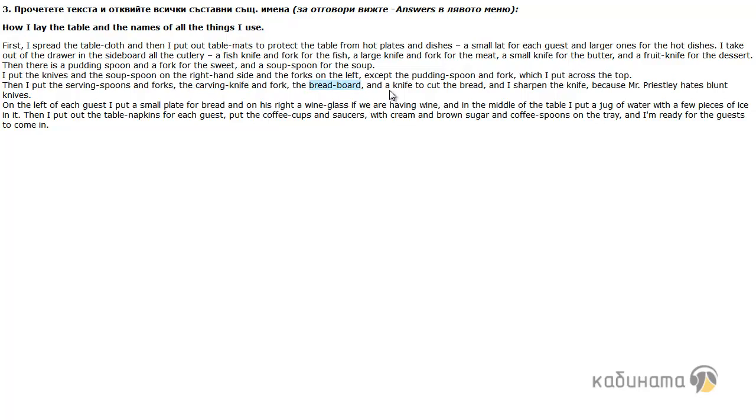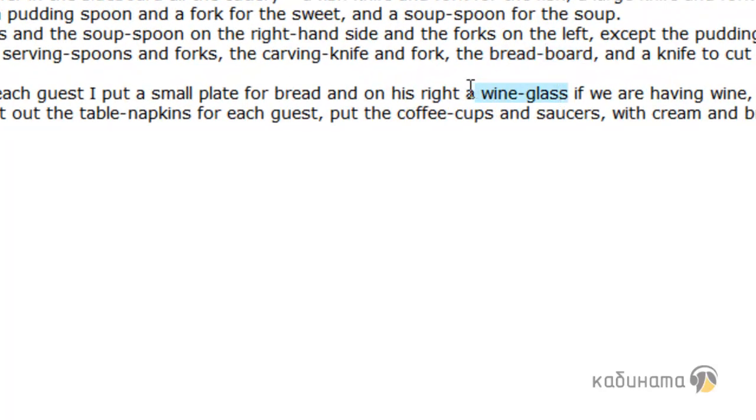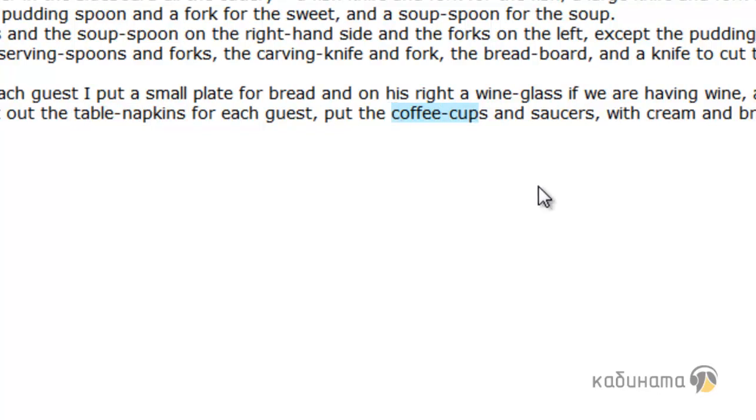Serving spoons, spoons that you use for servings. Carving knife. Breadboard. Then we have a wine glass.